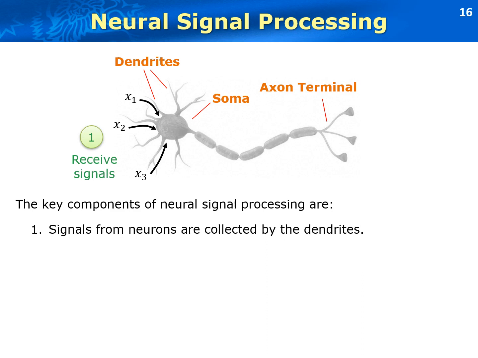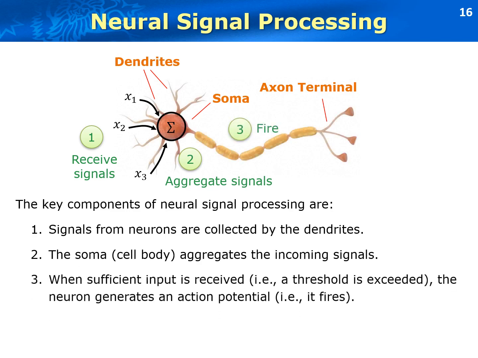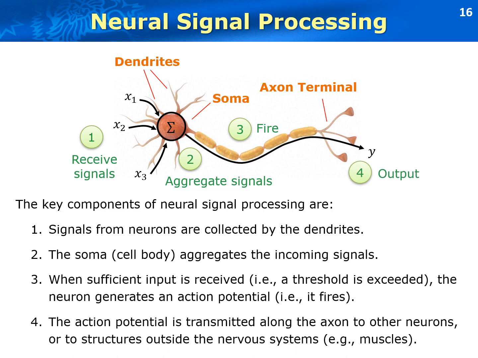Then, the soma aggregates the incoming signals. When sufficient input is received, that is, a threshold is exceeded, then the neuron generates an action potential. The action potential is then transmitted along the axon to other neurons or to structures outside the nervous system, such as muscles.